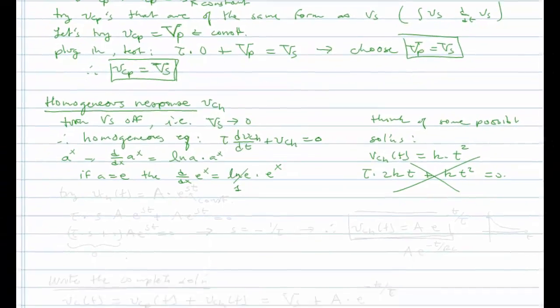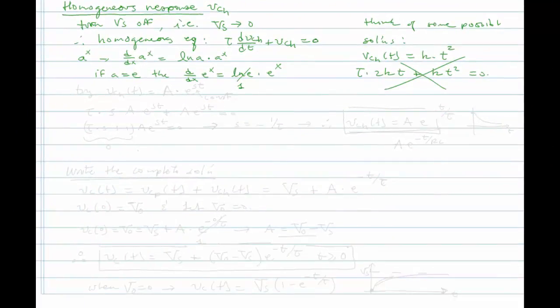Now, let's write this a little more generally. Let's try VCH of t equal to some constant, we'll call it a, times e to the st, where s is some constant. Okay, let's just try this out.